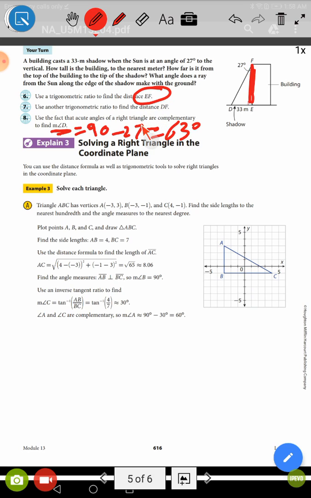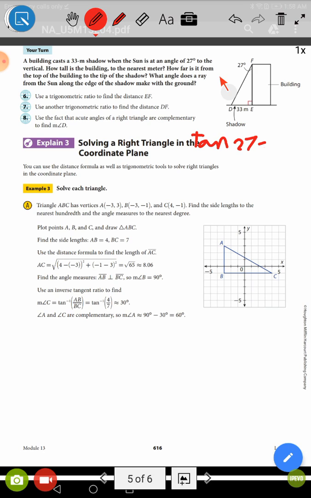Write with me. I will write tan 27 equals opposite over adjacent. It's unknown, so we can write X or FE.